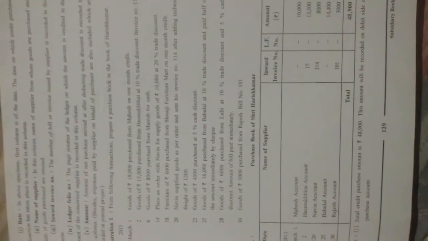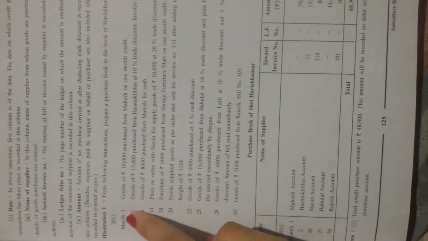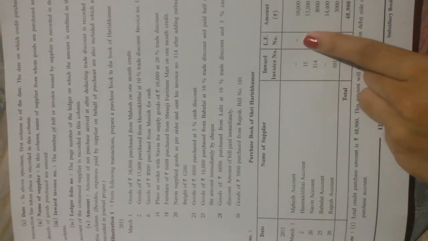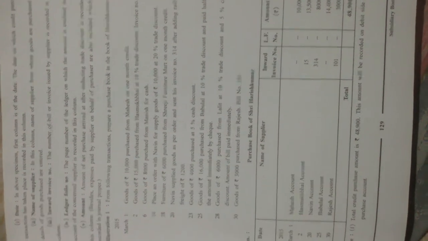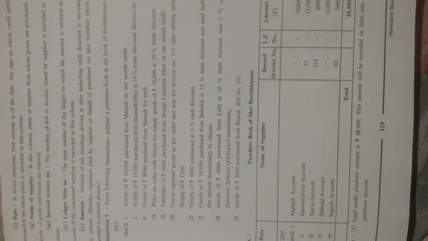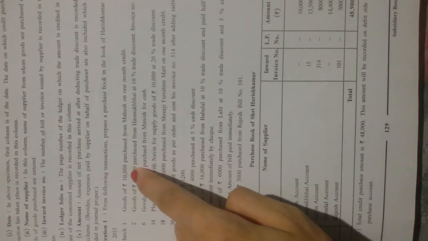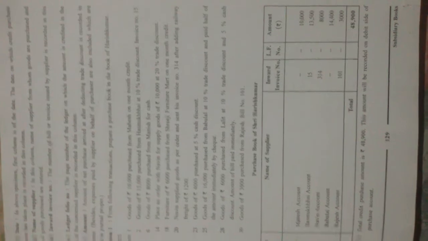The inward invoice number is not given in the transaction, so you have to put a dash. For the LF number you also put a dash, and the amount is 10,000. Goods were purchased from Mahesh on credit for the amount of 10,000, so you have to write 10,000 in the amount column.